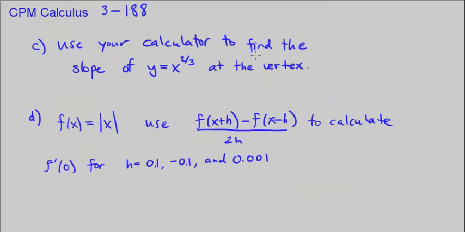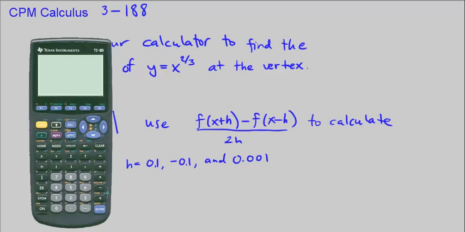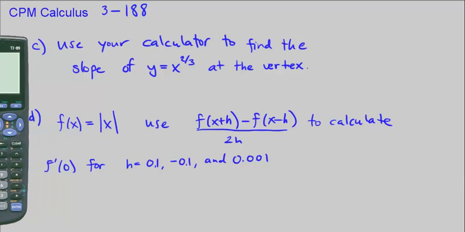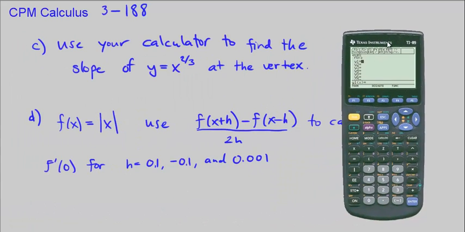Part C says use your calculator to find the slope of y is equal to x to the 2/3. So let's bring our calculators out. Let me move it over. Sorry about that. Okay, let's graph y is equal to x to the 2/3 power. Graph it, and you're going to see it looks like, I used to draw seagulls like this.